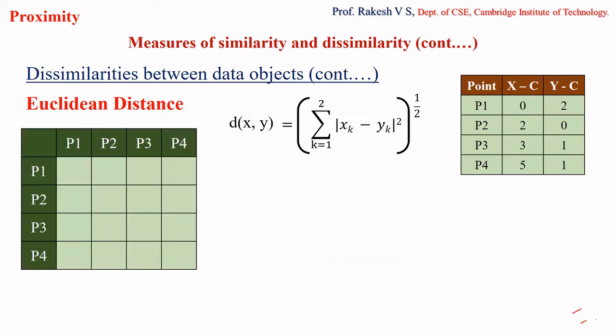So I'm going to calculate now. After learning the properties, is it necessary for me to show P1, P1, P2, P2, P3, P3, P4, P4? No, right? We can directly write it as 0, because by default the distance between Pi and Pi will be equal to 0. So straight away, I will put 0 for the principal diagonal values, because the distance between the same points is always 0.